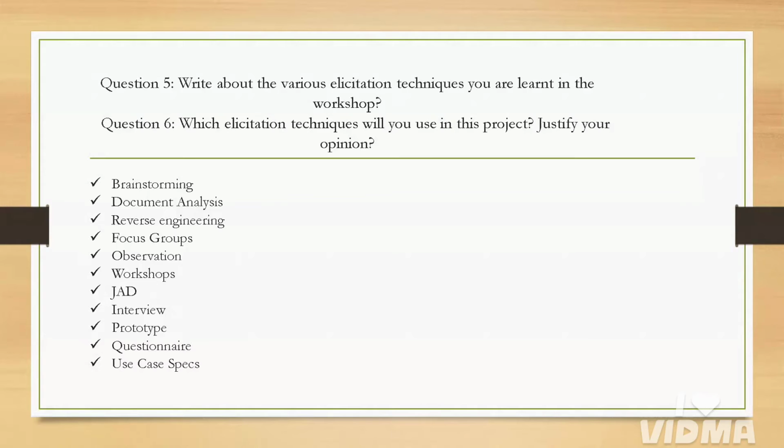Those you need to select from these 11 and add in the sixth question. Also add the justification, your opinion on why you selected those techniques and how they will be helpful for this project. I hope you got me. So that's all about the fifth and sixth questions.